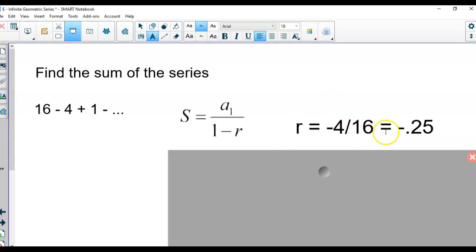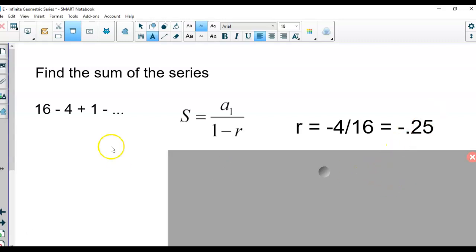So that common ratio is right here. I took this -4 divided by 16, which gives me -0.25. We do know that we can find the sum. We can evaluate the series because that common ratio's absolute value is between 0 and 1.